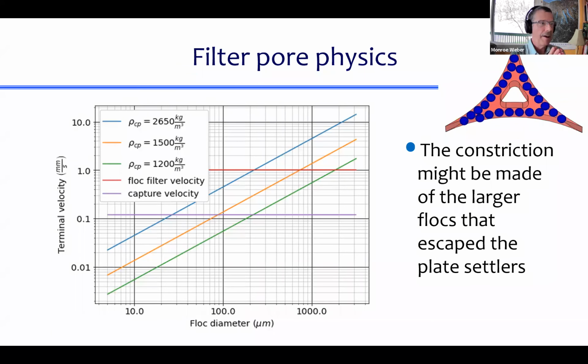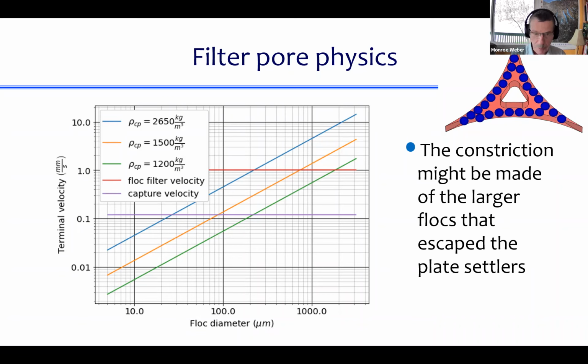Okay, and if we think about a filter that is operating in an AguaClara water treatment plant where there's a clarifier first and then a filter, how big are the particles that are getting to the filter? So here's a plot of terminal velocity of particles as a function of the density of what those particles are made of.